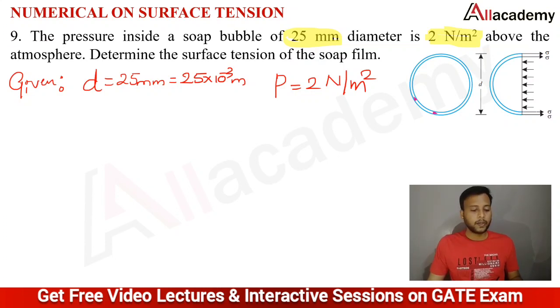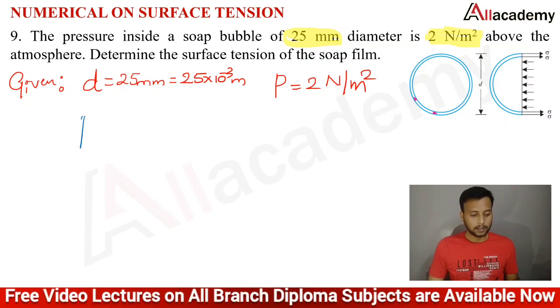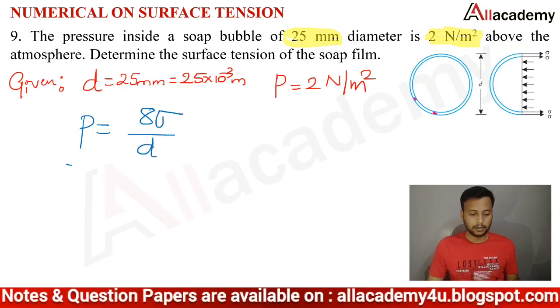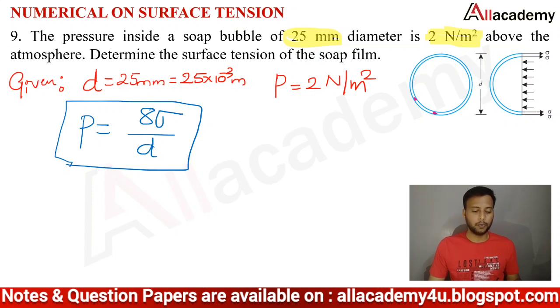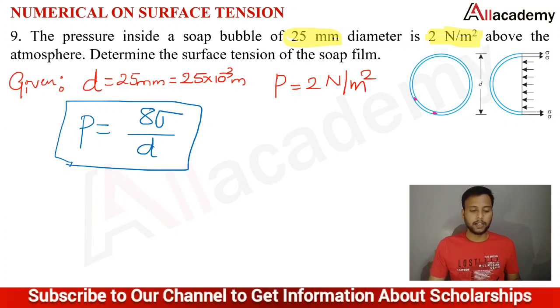Now what is the formula for the soap bubble? The pressure inside the soap bubble is given by 8 sigma divided by d. This formula is used to identify the pressure inside the soap bubble, and from this we can identify the sigma.